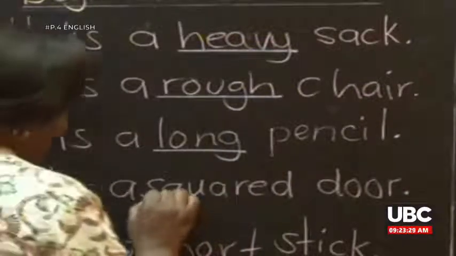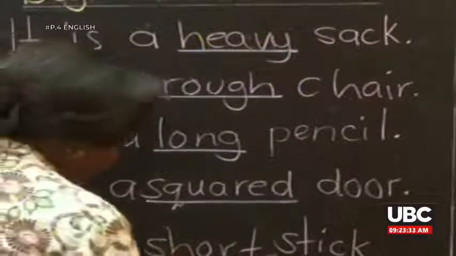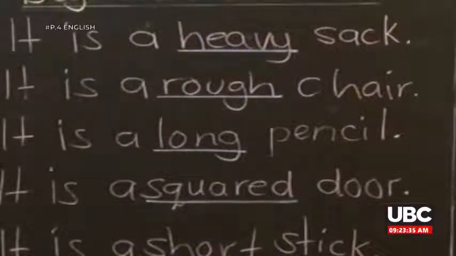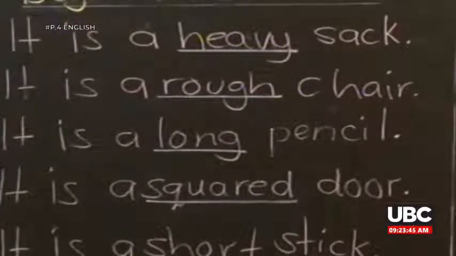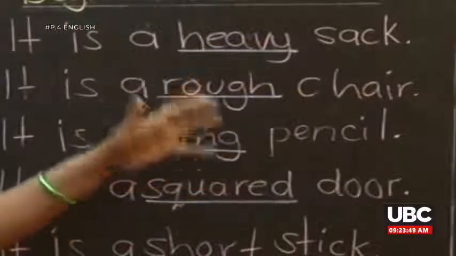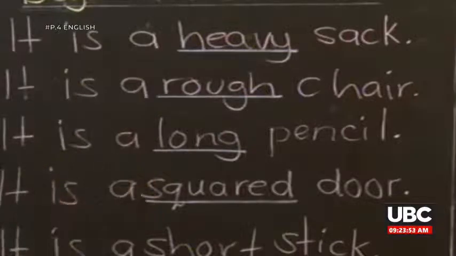Next, squared. And also short. All our adjective words come from the category we gave, what we consider when we are describing the objects, when we are describing the nouns which are our objects, not people. So all these words came from our list.